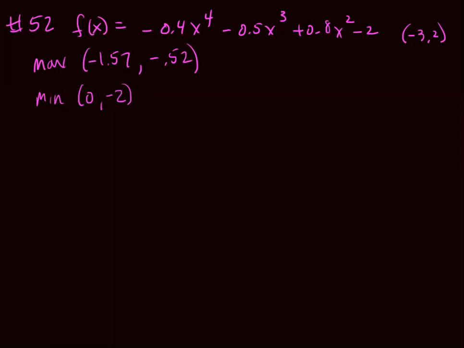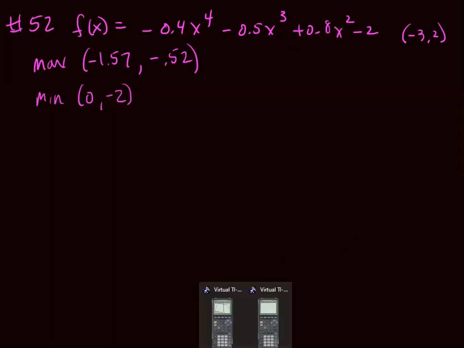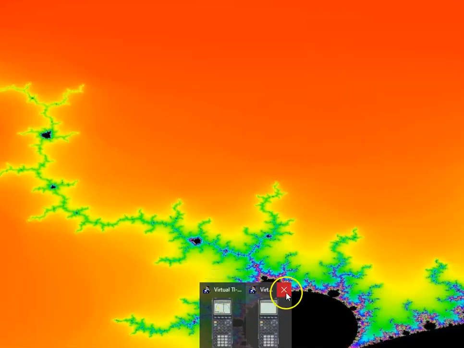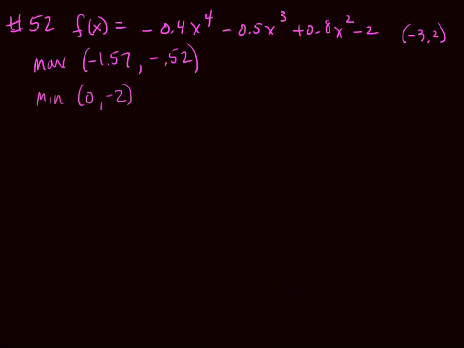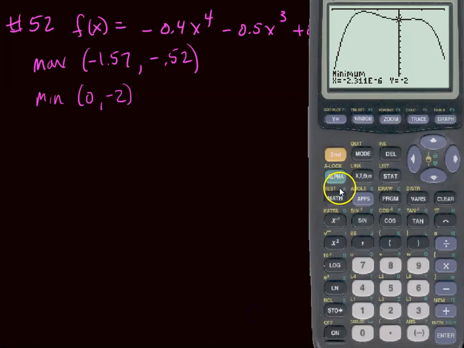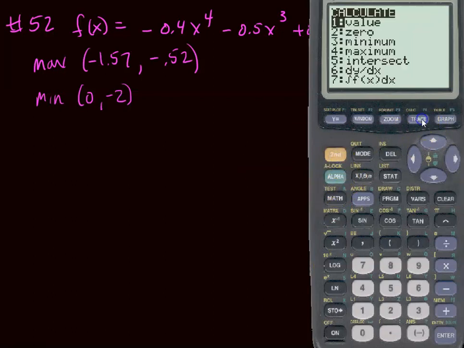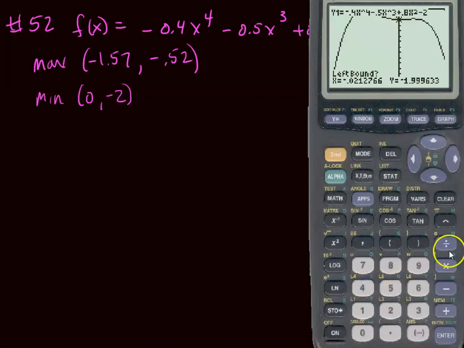Where's the other maximum? Let's bring back our calculator. Second trace. Maximum is number 4, rather. Go to the left here a little bit further, I guess. Mark it. To the right of that peak, someplace over here. Mark it.